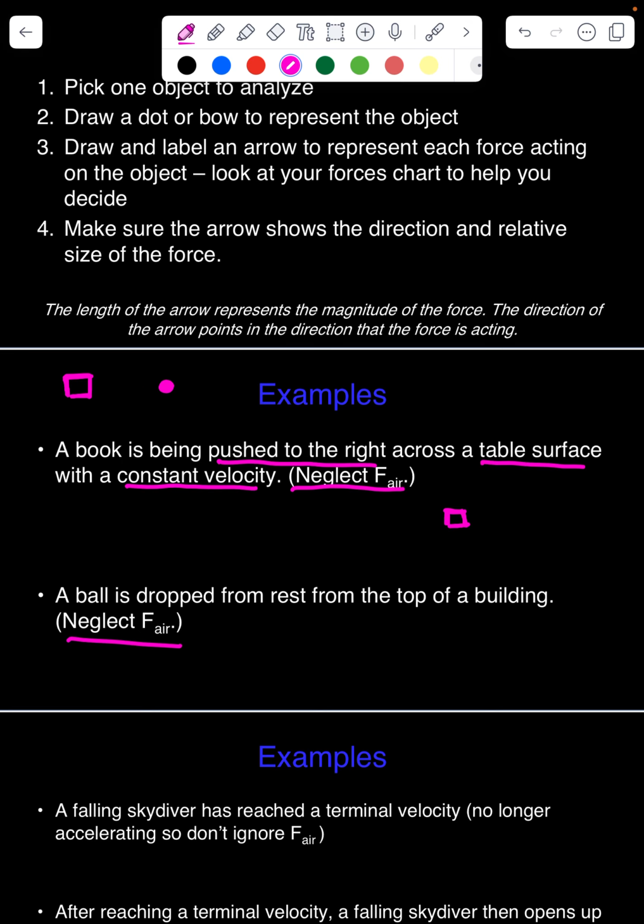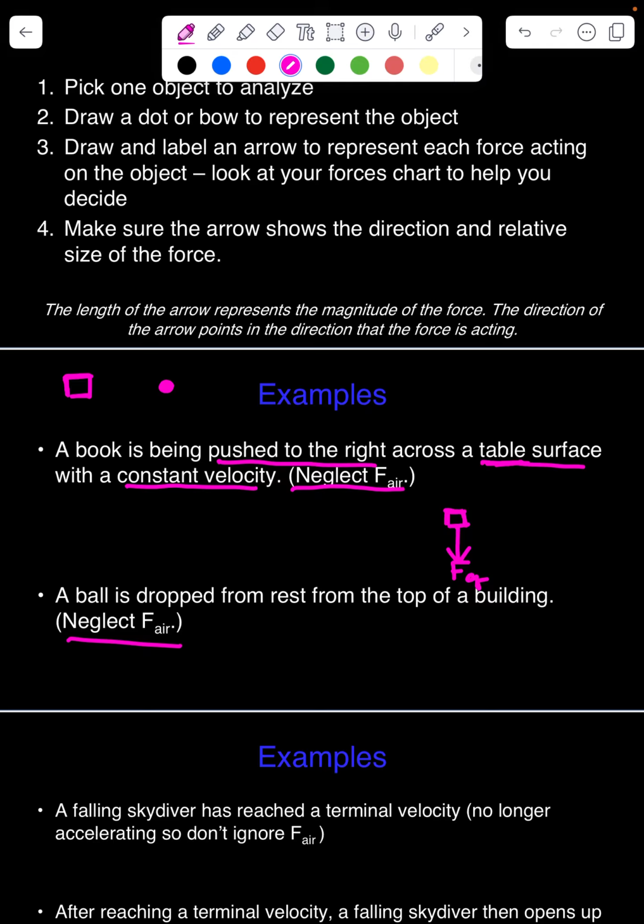Now we know that gravity is always at work on everything. So you will always have a gravitational force pulling everything straight down. Now, it is on the surface of a table.